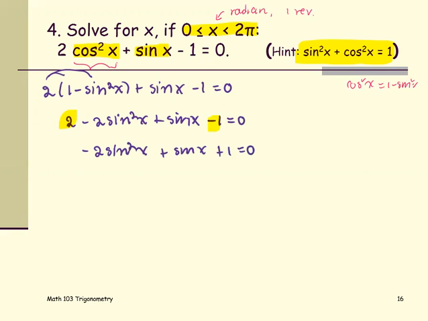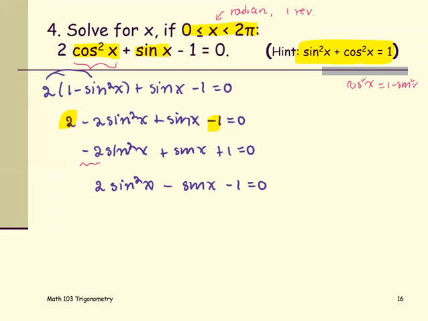The leading coefficient is negative. To make it convenient to solve, we're going to multiply all by negative 1. So the equation becomes 2 times sine squared x minus sine x minus 1 equals 0.